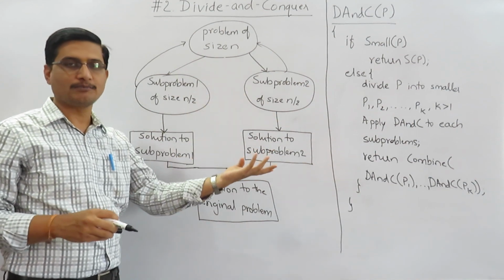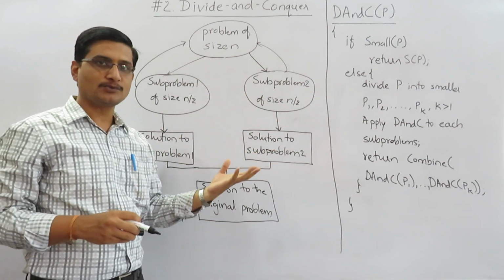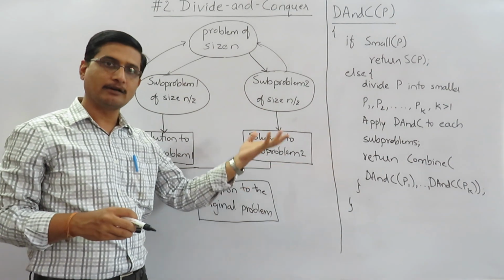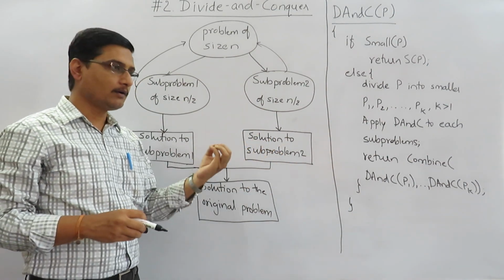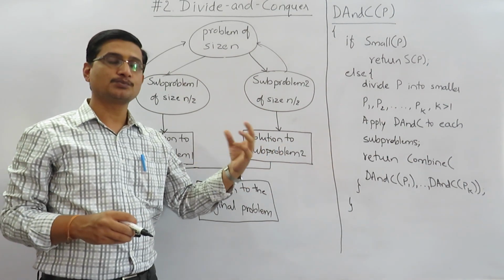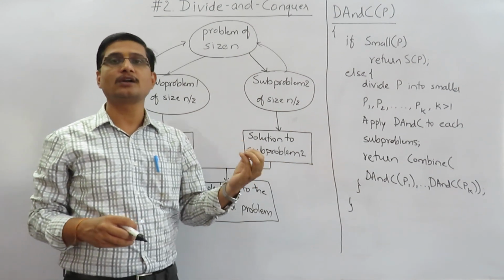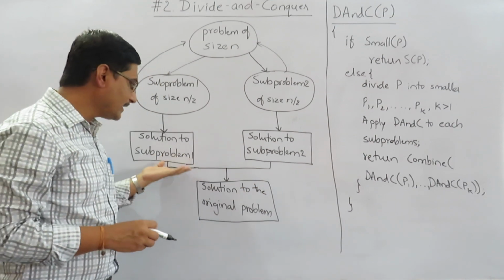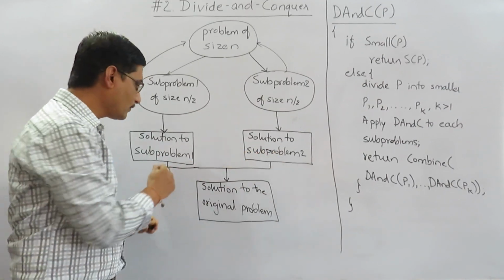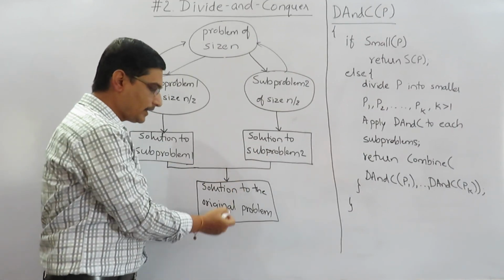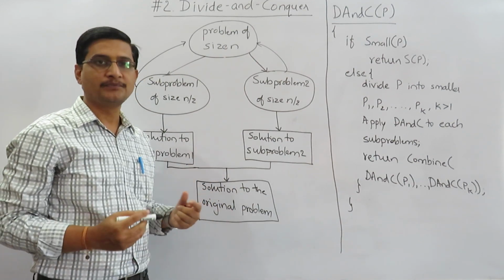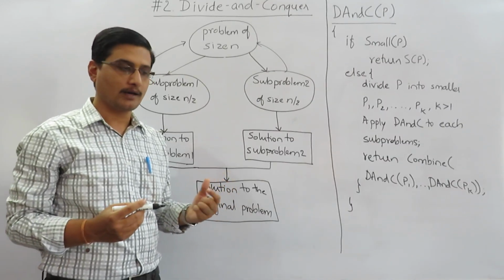So there will be 4 problems. If they are not small enough, then n by 8, there will be 8 sub-problems. The problems are divided into smaller instances such that the smaller instance can be solved directly. Once we get the solution for those sub-problems, we combine the solutions to get the solution to the original problem. This is how we apply divide and conquer.